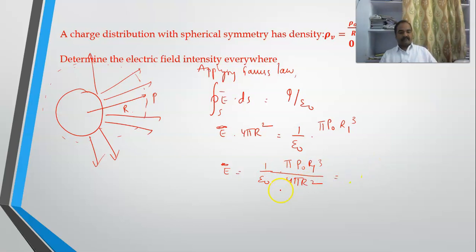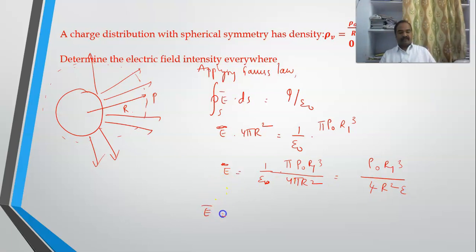Pi will go, I will take it as a generalized one. So rho naught r1 cube by 4 r square epsilon. So this is the field.